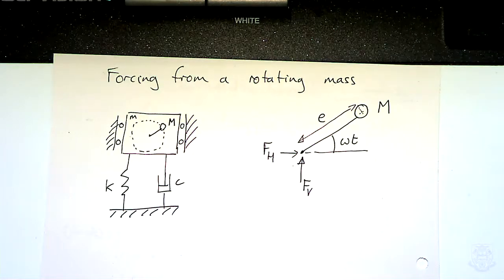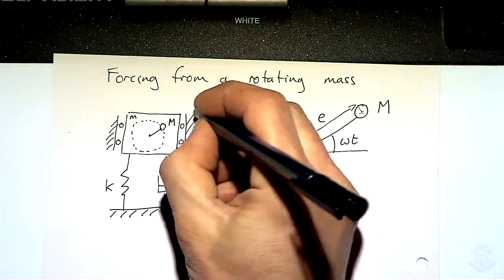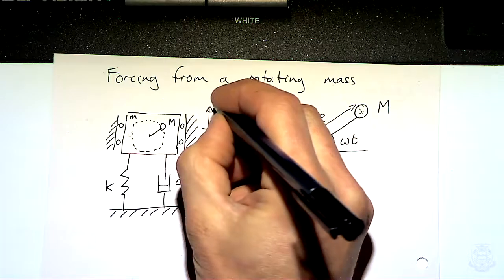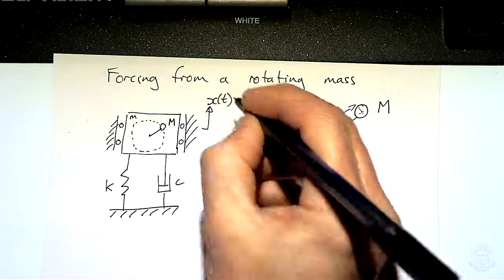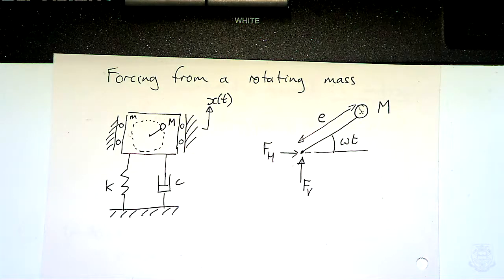We're still going to assume that it can only move vertically, with our usual x of t coordinate. But those little rollers and the wall signify that it can't move in the horizontal direction, despite the fact that this rotating mass will create a force in that direction, won't it?